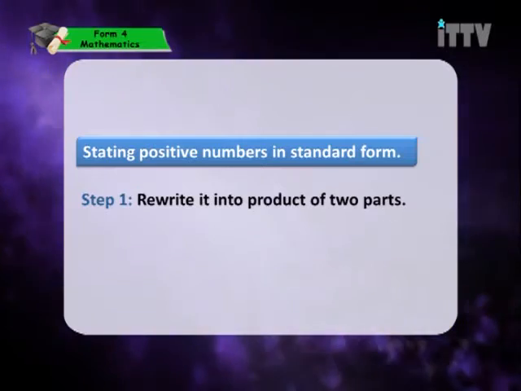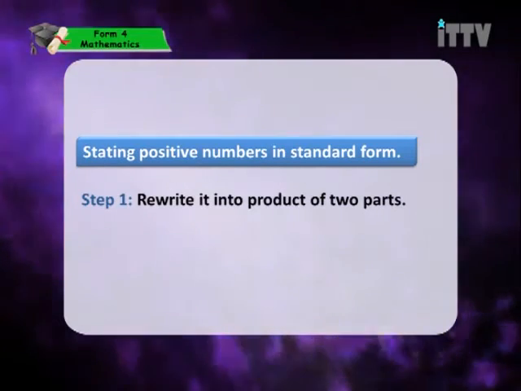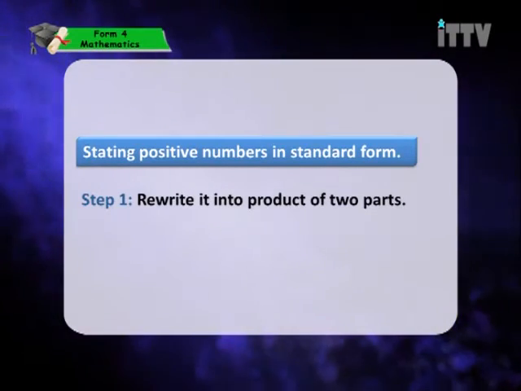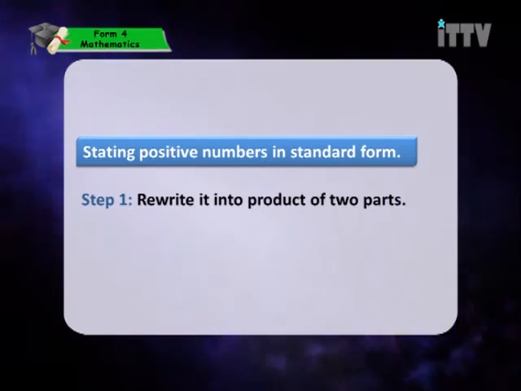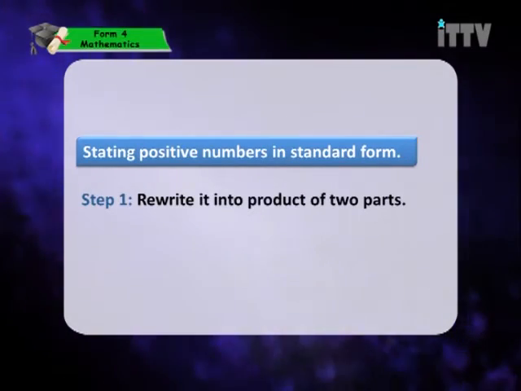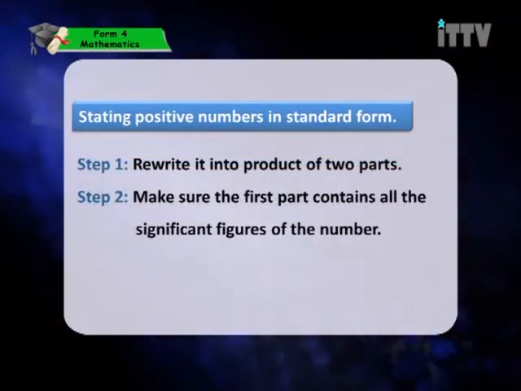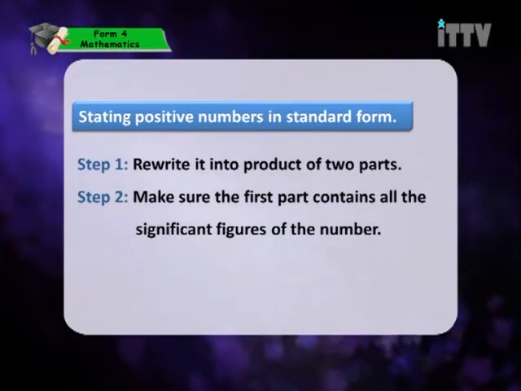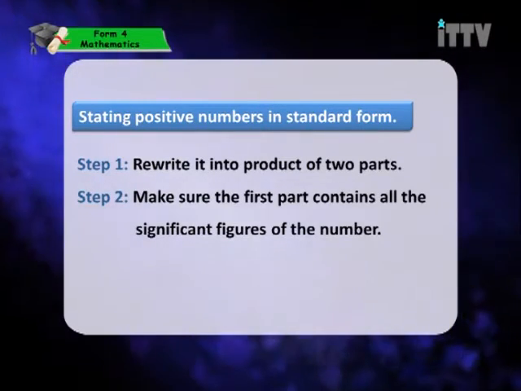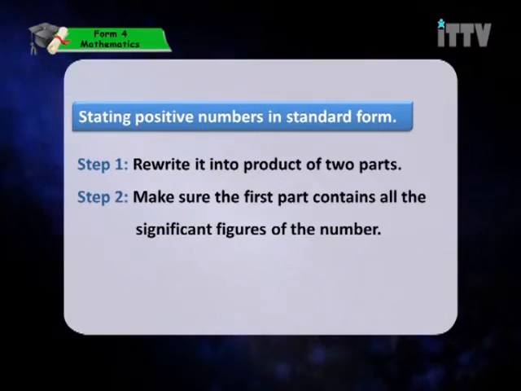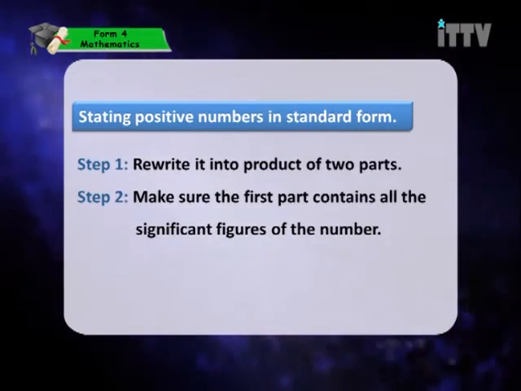Now, how do we write a certain number in standard form? Well, there are a few steps to remember to write a number in standard form, and there are 5 steps basically. In step 1, rewrite the number into the product of 2 parts. In step 2, make sure the first part contains all the significant figures of the number.